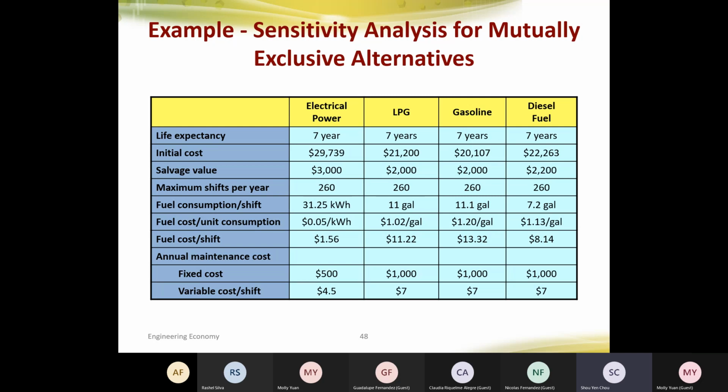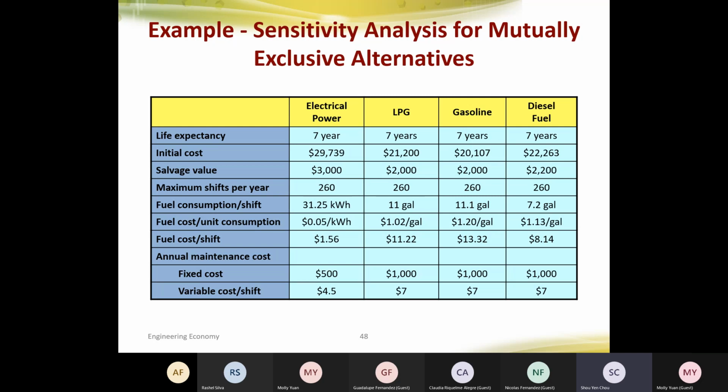So again, here we have this example. There are values here, and again, I won't go through all of them, but here is basically to say that we have some mutually exclusive alternatives.